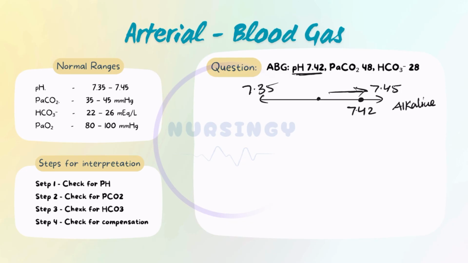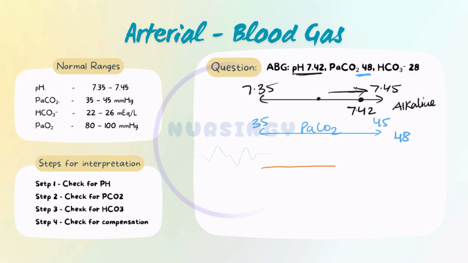We will move to the next step, where we will check the PaCO₂. We'll make a line again for PaCO₂, and put the normal range 35 to 45. The patient is coming here with 48.